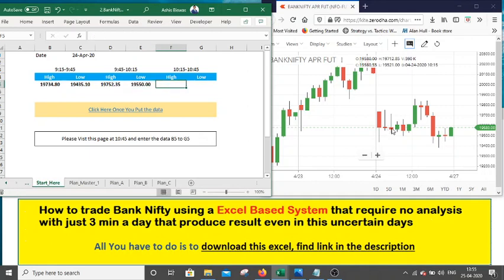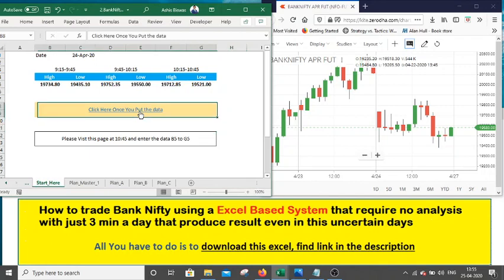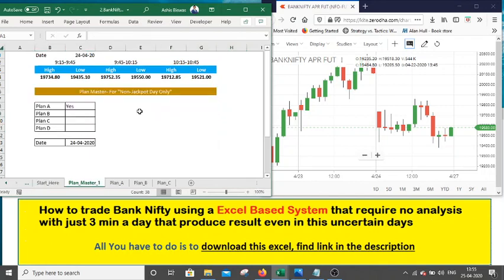The high of the third candle was 19,712.85, and the low was 19,521.00. As I enter the data, I have to click over here.